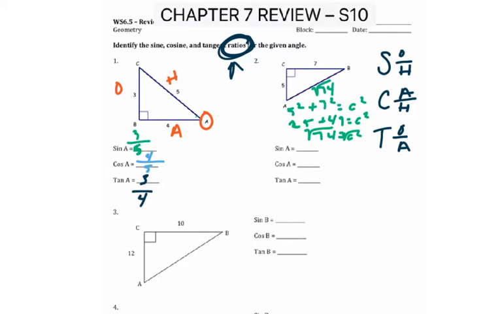Okay, so now we can go through and write down our pieces. So again, it wants it from angle A. Here's angle A. So sine is the opposite side. Here's hypotenuse. Here's adjacent. So sine is opposite over hypotenuse. 7 is our opposite. Square root of 74 is our hypotenuse.